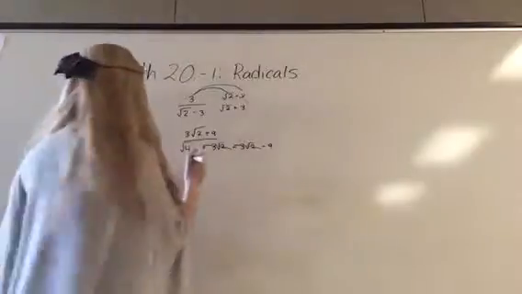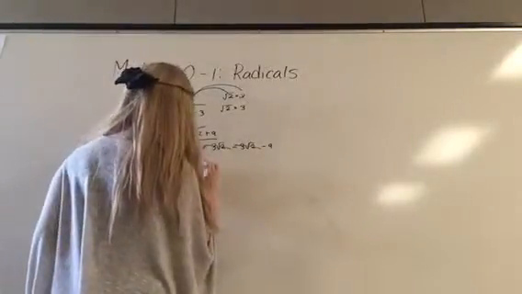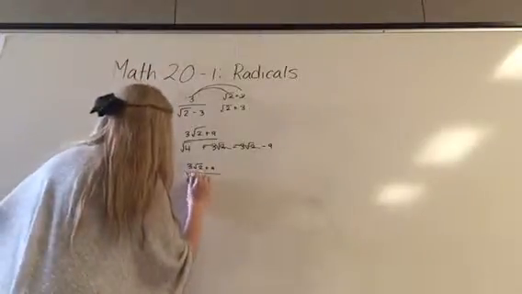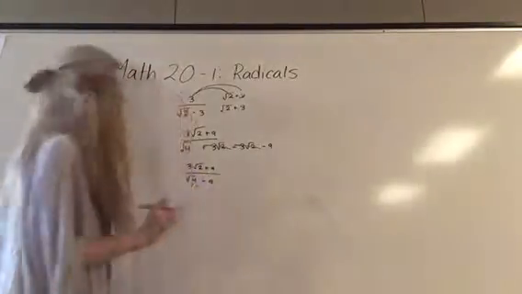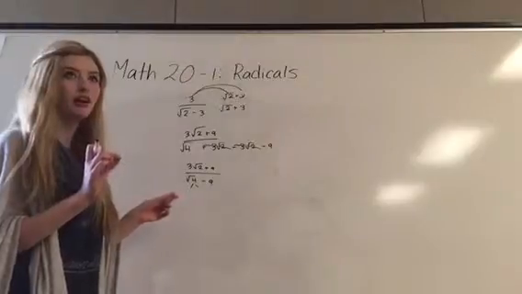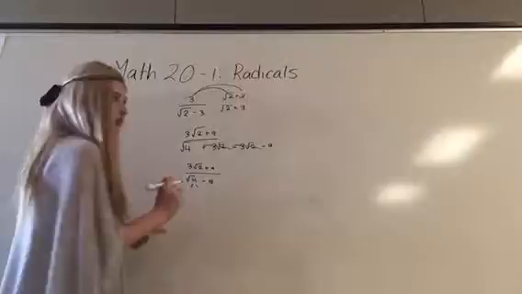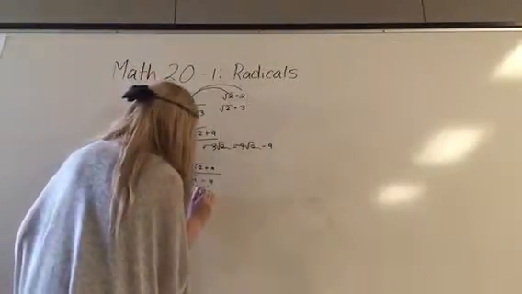Then you get 3 root 2 plus 9 over root 4 minus 9. So we know 4 is a perfect square. We root 4 into 2. So that becomes 2 and 2.